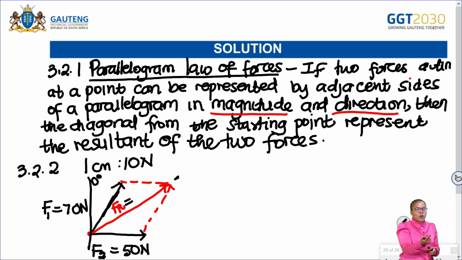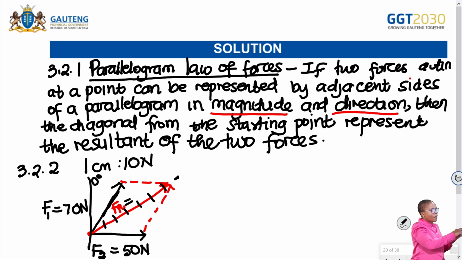In this case, using your scale, you therefore write the correct resultant force. I'm going to make a typical example. Let's say we are finding over here 1, 2, 3, 4, 5, 6, because I don't have a ruler with me. So how do you write the correct resultant force?